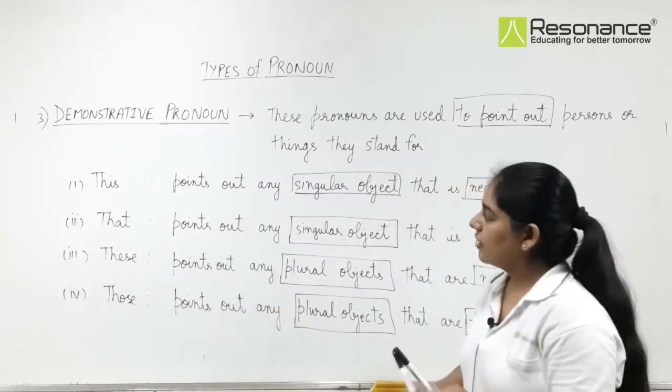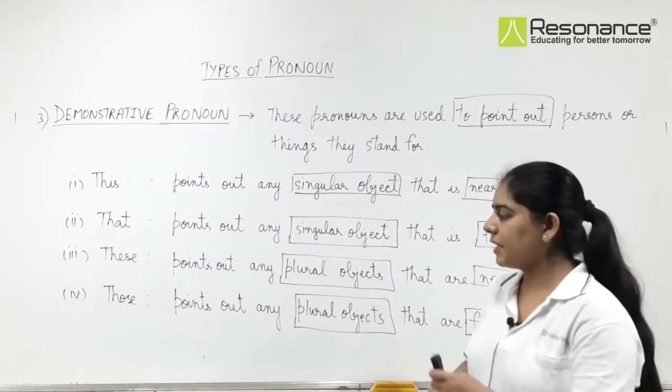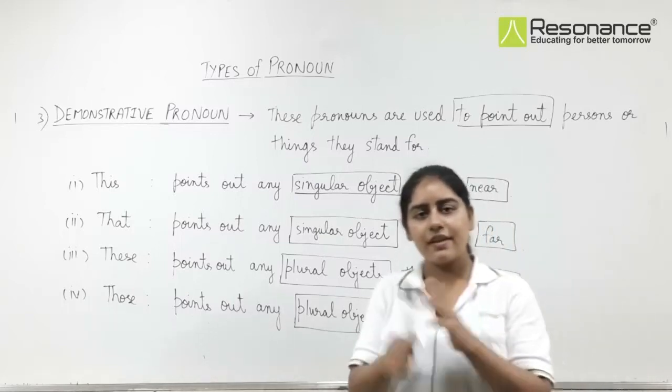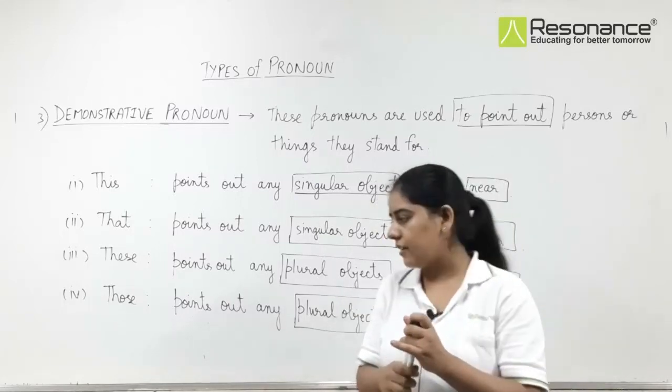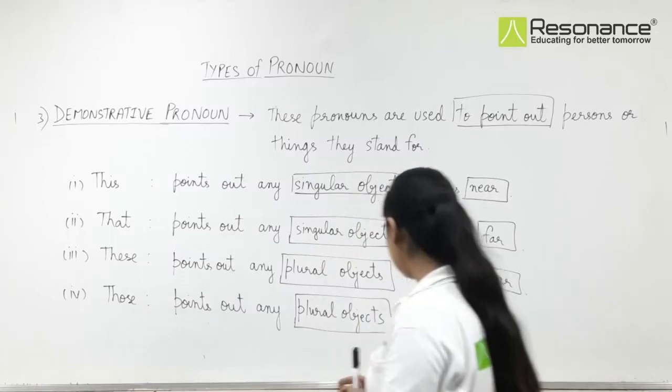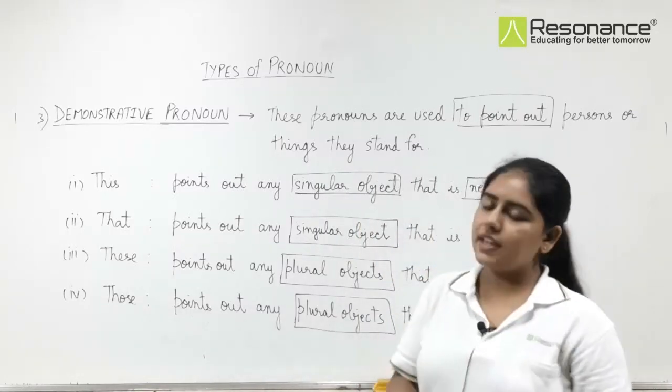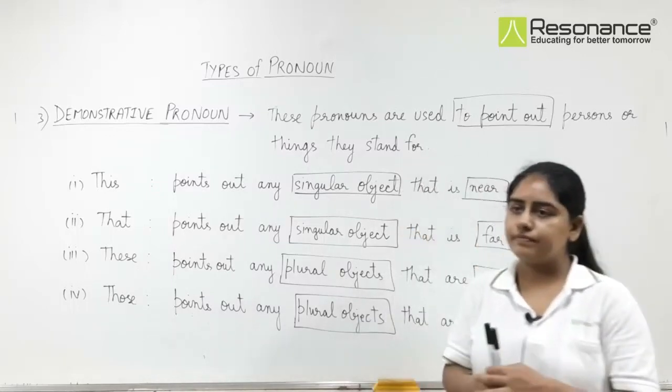Fine. Now let me combine all these. ठीक है, अब मैंने दोनों मार्कर्स को एक साथ पकड़ा है, ठीक है. And दोनों मार्कर को अब मैंने एक साथ पकड़ लिया. अब मैं क्या बोलूंगी?